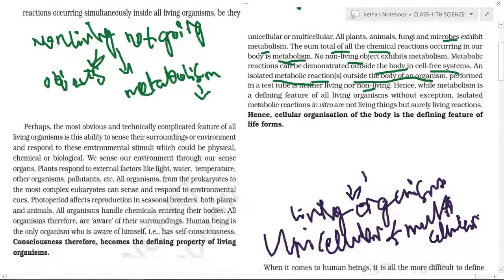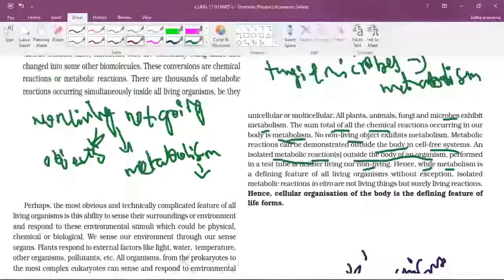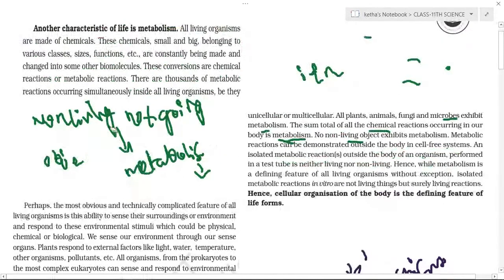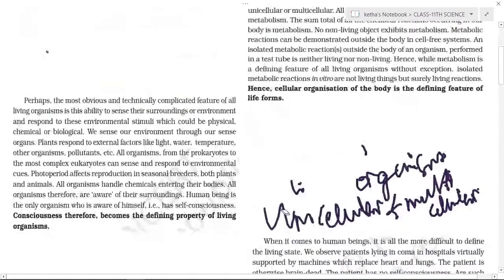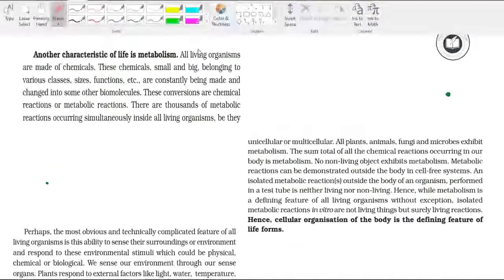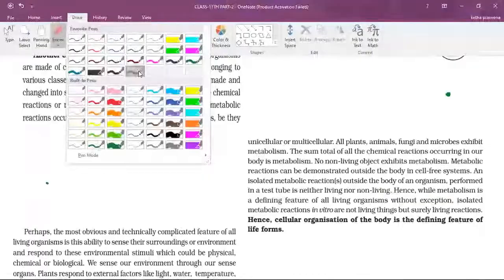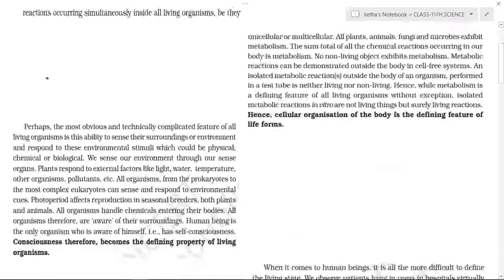Hence, while metabolism is a defining feature of all living organisms without exception, isolated metabolic reactions in vitro are not living things but surely living reactions.